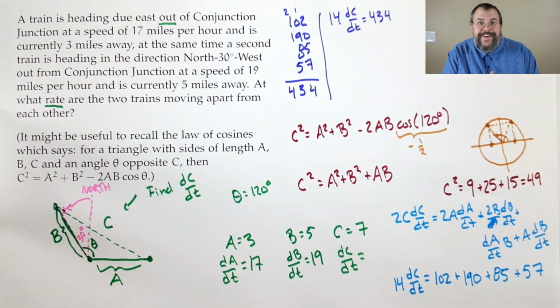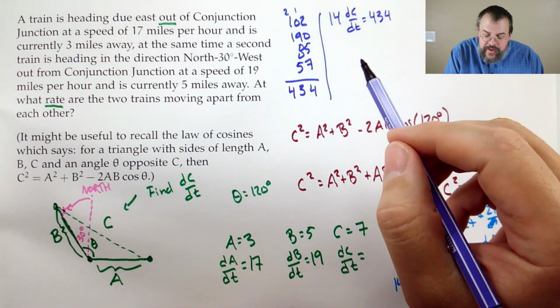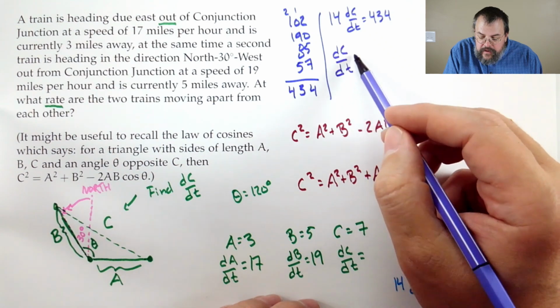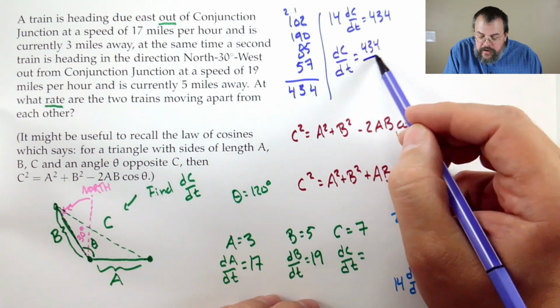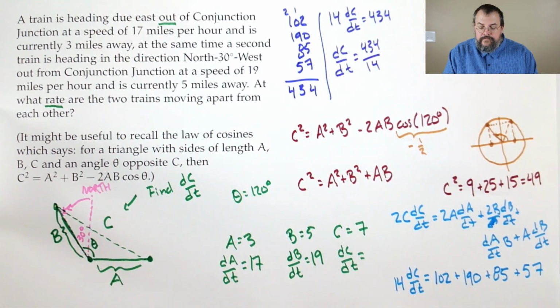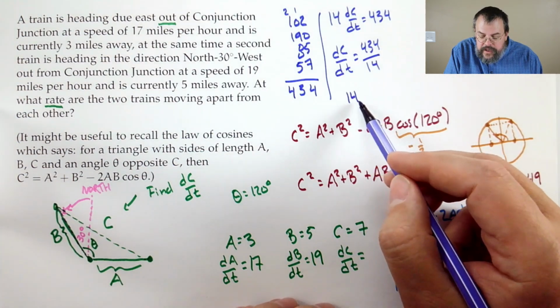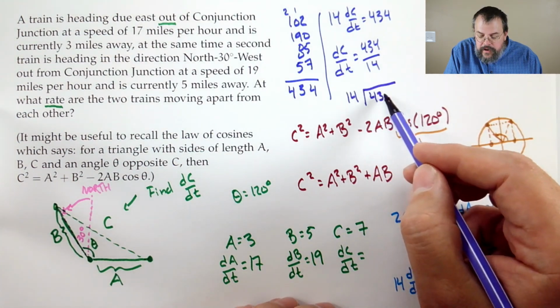Okay, good. Well, wait a second. I just want dc/dt. I've got to divide by 14. So dc/dt is 434 fourteenths. What do you think? Is 434 divisible by 14? Well, maybe. Actually, I think it is. Let's try it. Take 14, divide into 434.